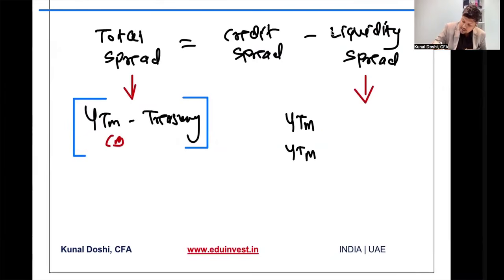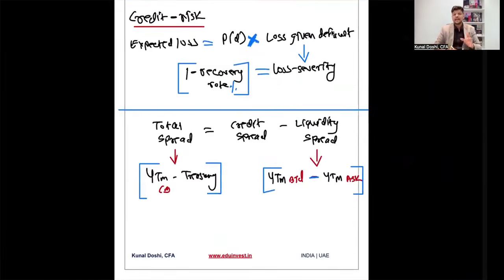Once using the bid price, and then again using the ask price. Which price is bigger, bid or ask? Ask price is bigger, so ask price YTM will be lower. The difference between both of them is your liquidity spread.